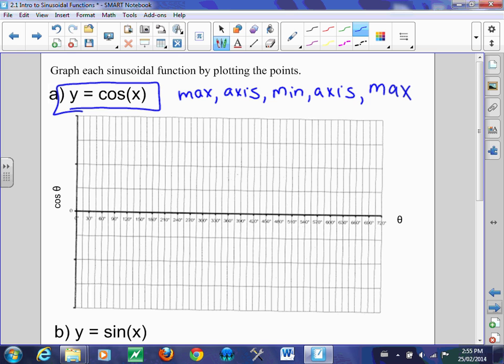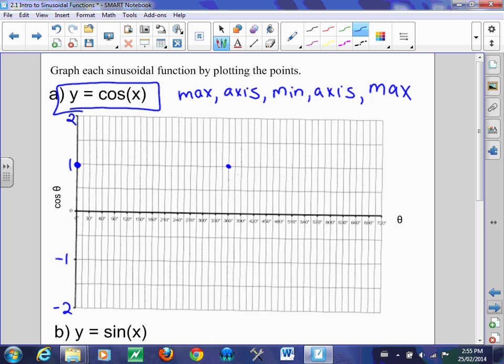And notice, ladies and gentlemen, that because it's a parent function, that means we're going to start at our maximum. And in this case, we're going to go 0, 1, and 2 because it's a parent function, so -1, -2 for our scale. Okay, so we're going to start at our max, which means in 360 degrees, we have to go back to our max.